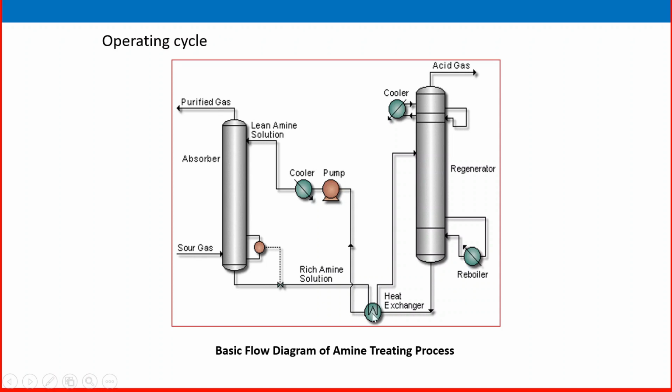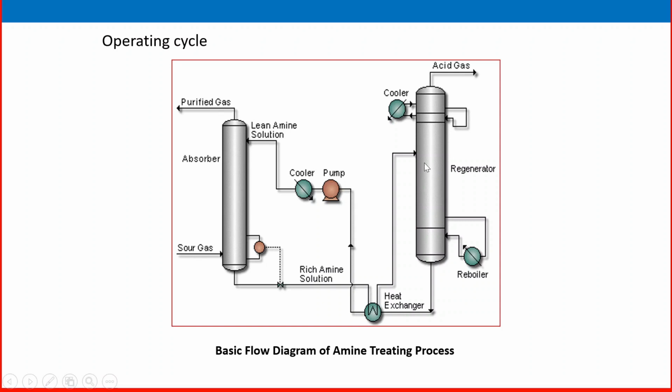So we preheat here and enter a column called the stripper. It is another type of distillation column, using the boiling point difference to release the acid gas out of the amine and make the amine pure. We will discuss that process in detail in coming slides.